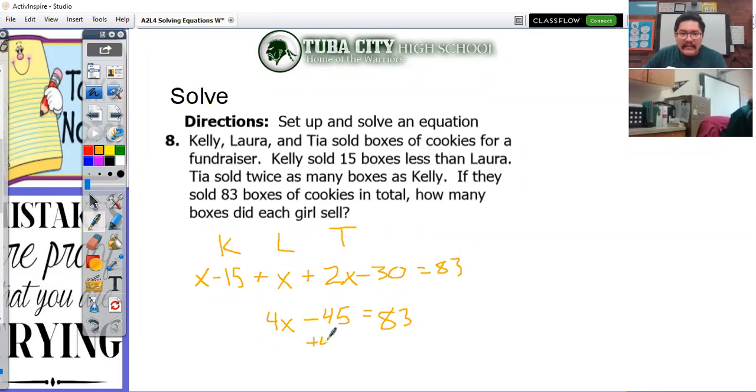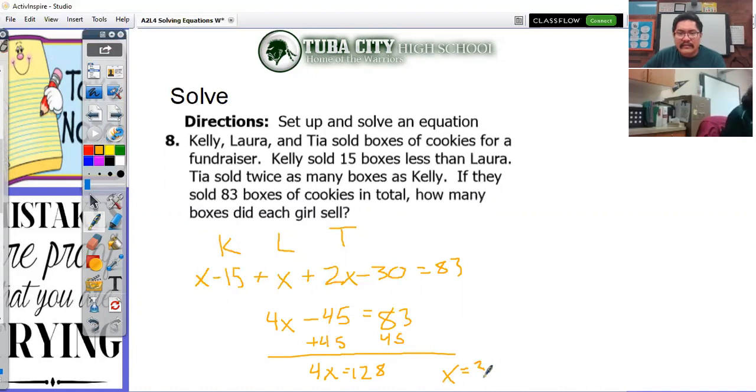Now, we still have to isolate our variable because we're still looking for what Laura sold. That's what we want to know. 4x equals, and then 45 plus 83 is 128. So what number times 4 equals 128?